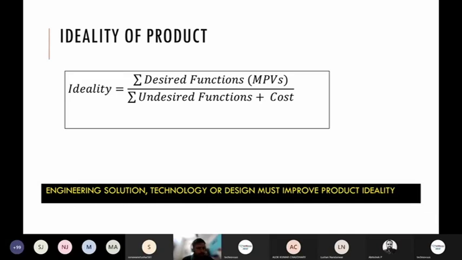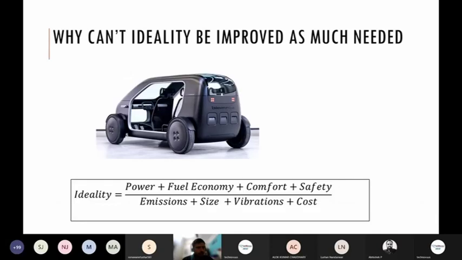Engineering solution, technology, design must improve product ideality, quite obvious. The ideality of, let's say, any car can be power plus economy plus comfort plus safety, and the denominator can be emissions, size, vibrations, and cost. Very simple concept. Now, the key question for all of you: why can't the parameter of ideality be improved as much as we need?